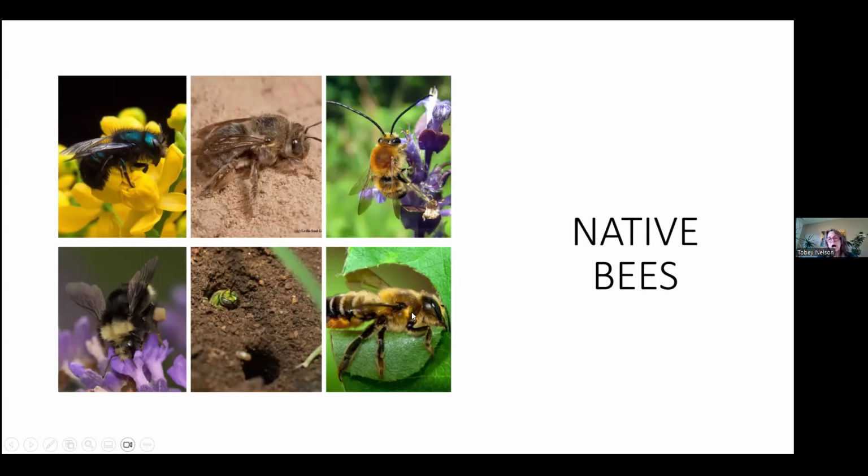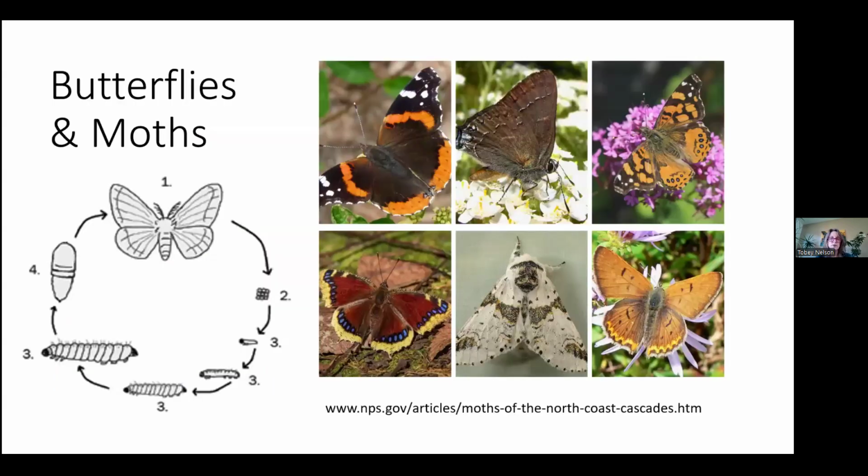So there are many other types of native bees. I think we have about 4,000 native bees in North America, and about 800 of those in Washington. And sadly, many of them are becoming endangered and extinct. I've definitely got some factoids about that in the handout. So we really need to work on maintaining, creating and protecting habitat for all those critters.